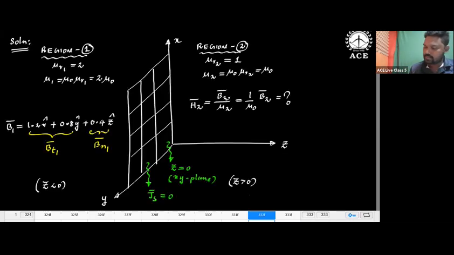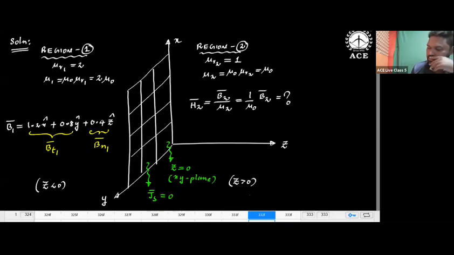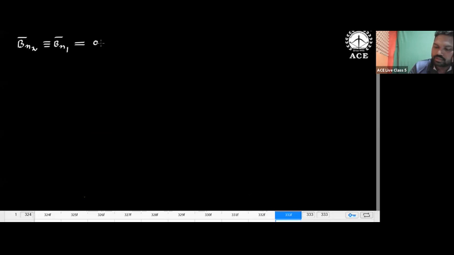Let me turn the page here. Use the appropriate boundary conditions. What are the appropriate boundary conditions? We have boundary conditions like, if you remember, Bn2 is unconditionally equal to Bn1, which is equal to 0.4.